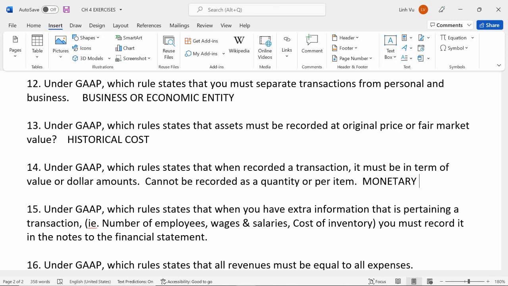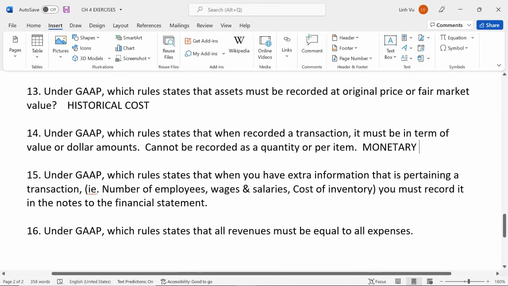I just need you to know the overall assumption here, which is the monetary assumption. Good. Question number 15 under GAAP, which rule states that when you have extra information pertaining to a transaction, for example number of employees, wages, salaries, cost of inventory, you must record it in the notes of the financial statements?